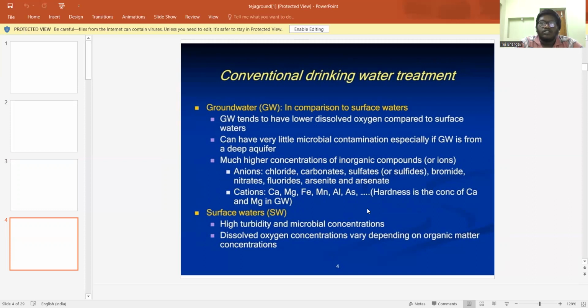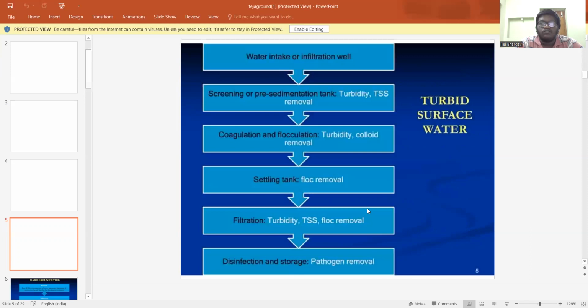It has much higher concentrations of inorganic compounds: anions like chloride, carbonates, sulfates, bromide, nitrates, fluorides, arsenate; cations like Ca, Mg, Fe, Mn, Al. Hardness is the concentration of Ca and Mg in groundwater. Surface waters have high turbidity and microbial concentrations. Next, dissolved oxygen concentrations vary depending on organic matter concentrations.